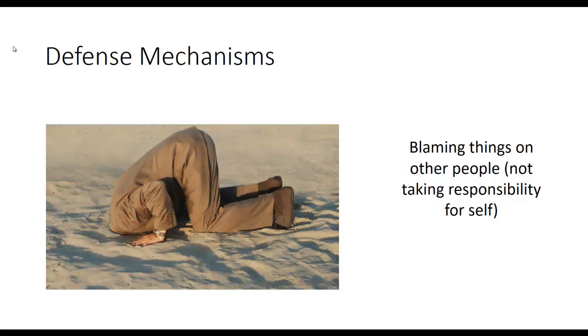It can be denial. For example, if you had started smoking and you're rationalizing it in your head, I only smoke once a day or whatever it might be, you're in denial about the fact that you're going down a path that's going to increase the likelihood of you getting sick in some way when you get older.